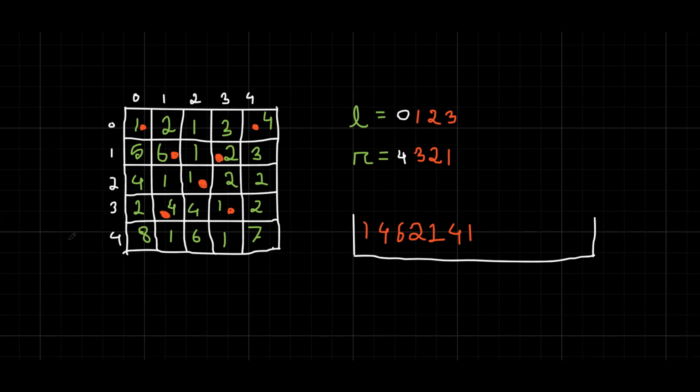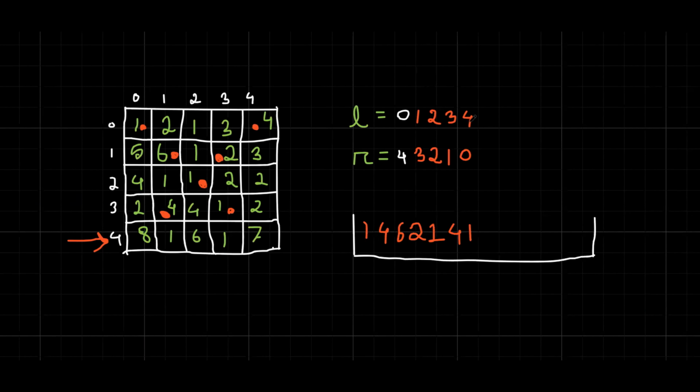Now our current pointer is pointing to the last row. So for the last row, we have to increment our left pointer value by 1. Now it is becoming 4. And we have to decrement the right pointer value by 1. So our current right pointer value is 0.